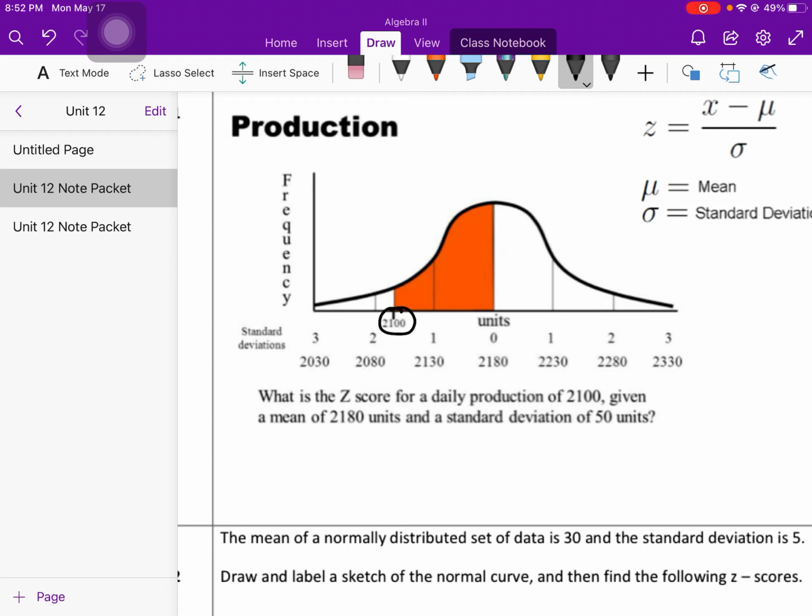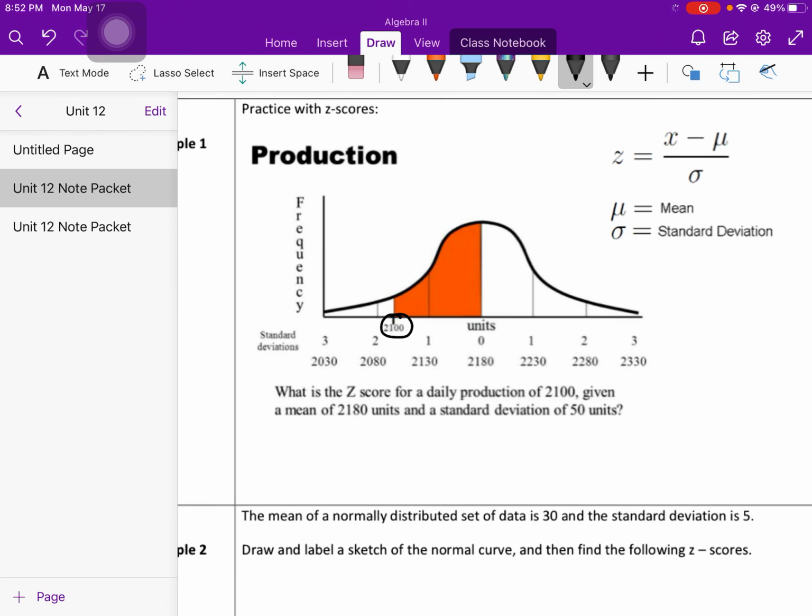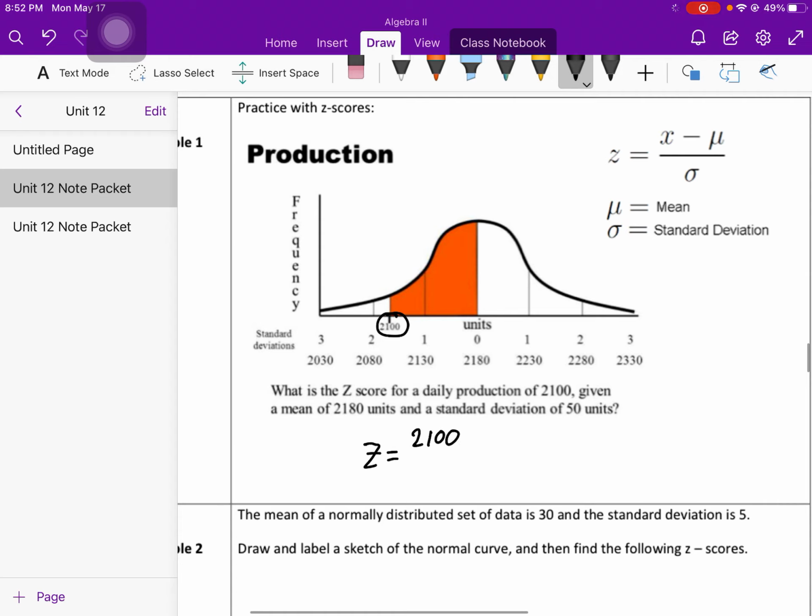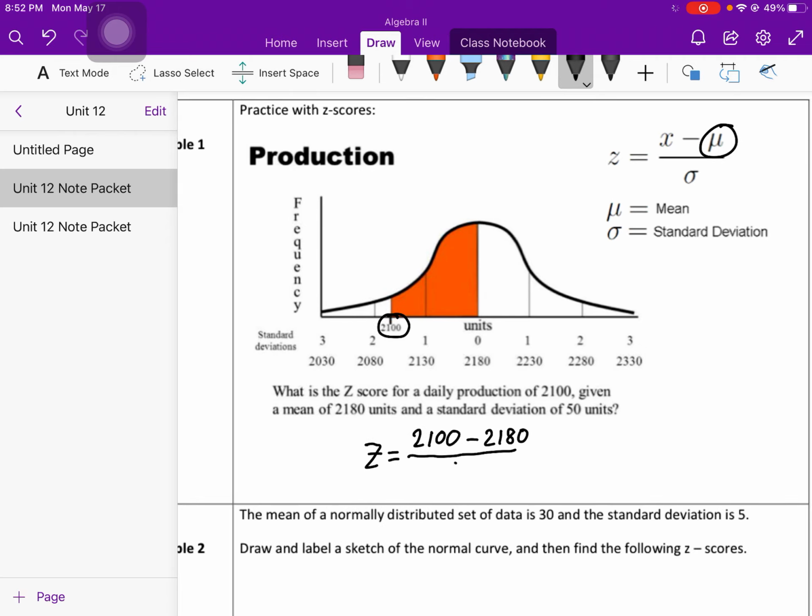Now, 2100 doesn't fall exactly on one of these, and if it doesn't fall exactly on one of the numbers, like 2080, then it's not going to be a perfect number, it's going to be a decimal, which is completely fine. So we get Z equals x, the number we're observing, so that's 2100, minus the average, mu, which is 2180, divided by the standard deviation of 50.